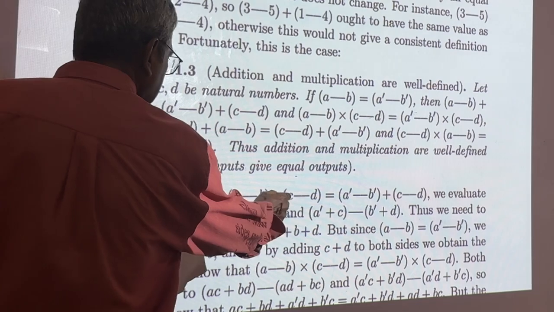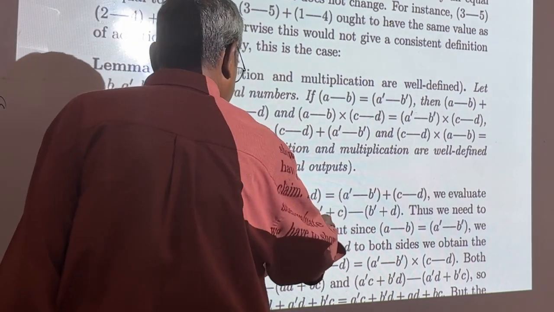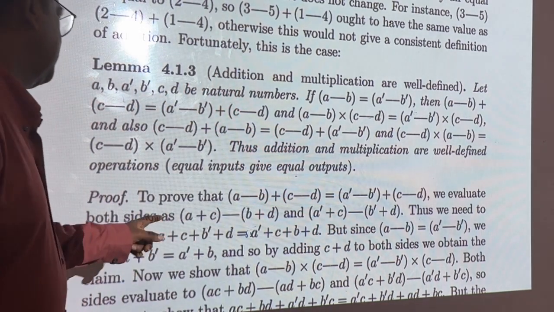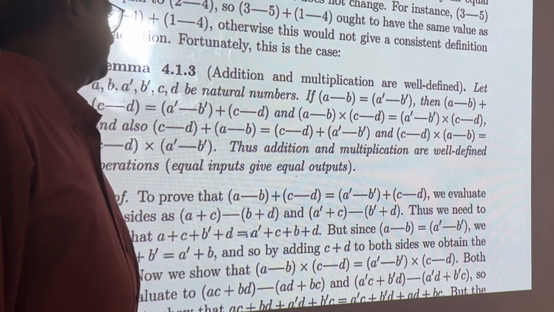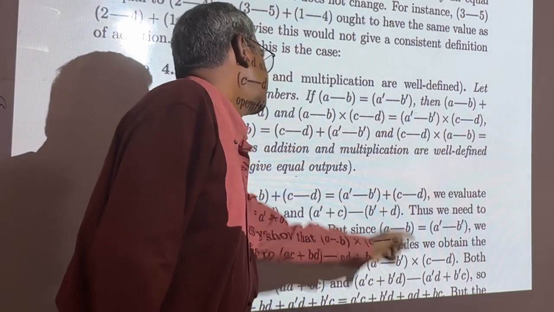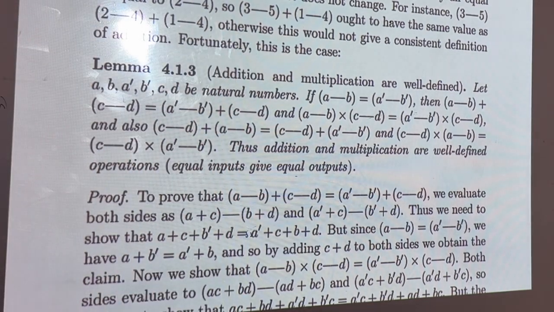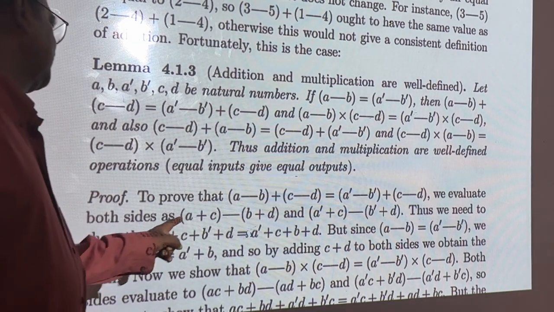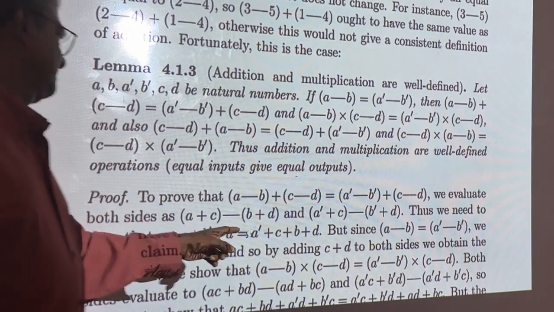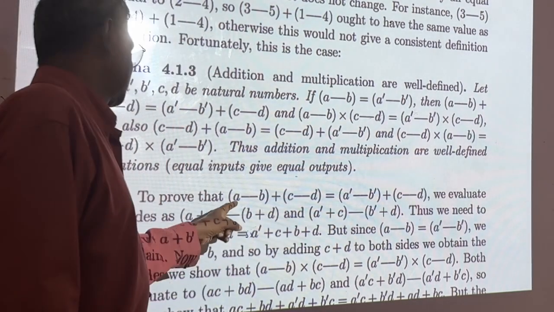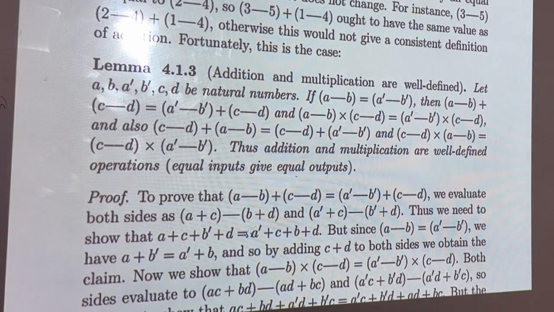So we want to prove this: a plus c over b plus d, and that one is a' plus c over b' plus d. If you want to say that they are the same, a plus c plus b' plus d must be equal to a' plus c plus b plus d.